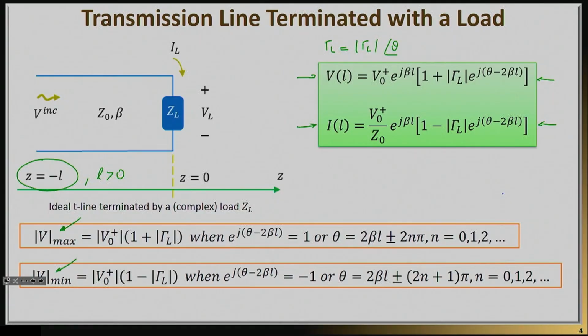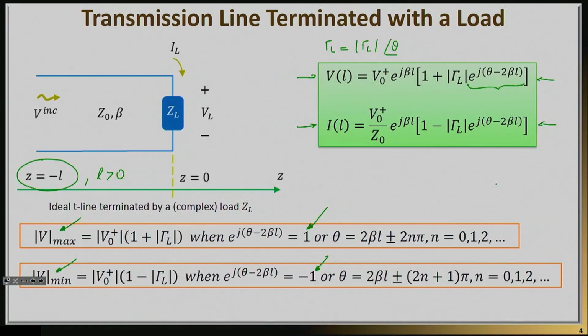In fact, it has maxima and minima that appear periodically, and you can easily find when the voltage becomes maximum just by looking at the expression we just derived. Essentially, when this term becomes equal to 1, you will have a maximum, as shown in this expression here, while when this exponential becomes equal to negative 1, you will get a magnitude minimum.